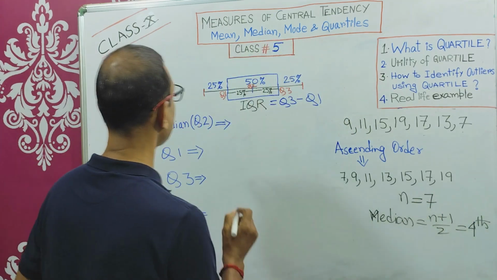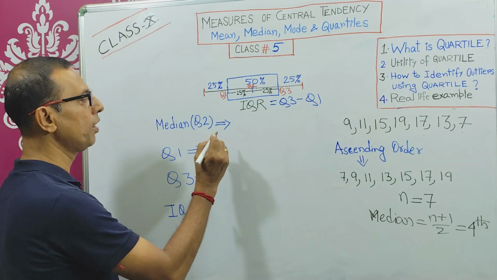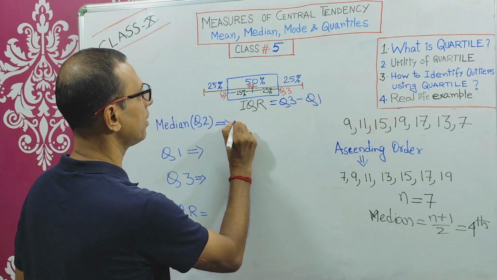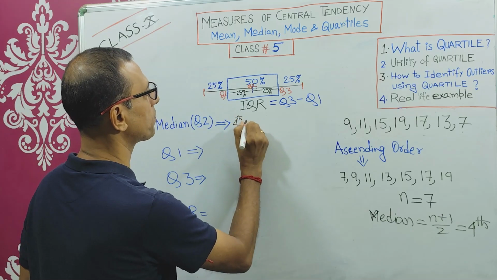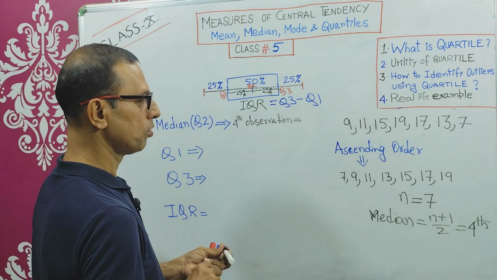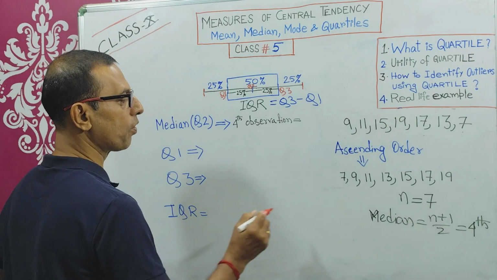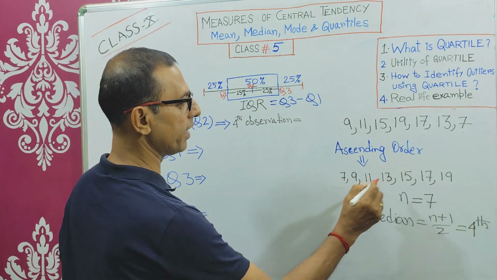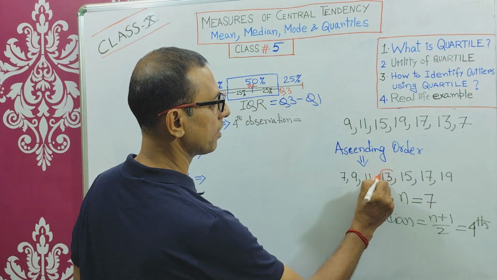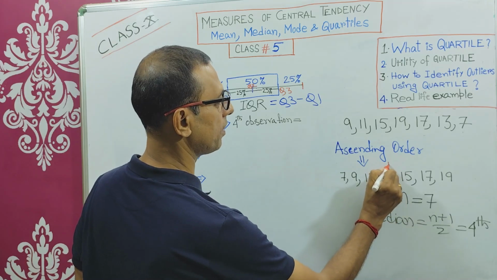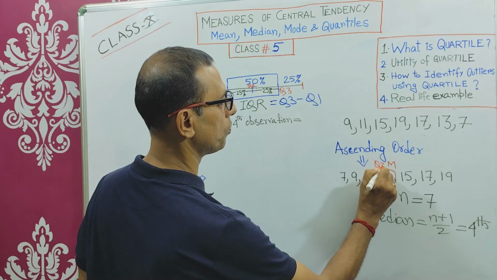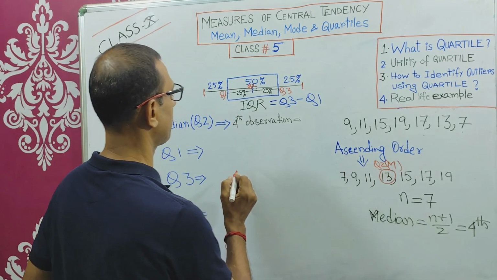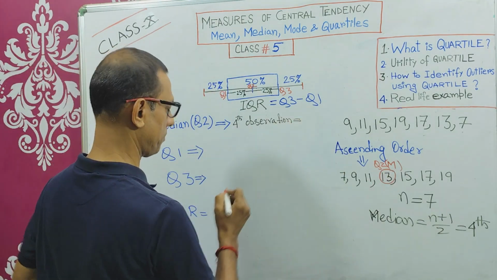So the median, or Q2, is the fourth observation value. The fourth observation for this ordered data set is 13. That means 13 is the median, or it is Q2. Q2 and median are the same, so 13.